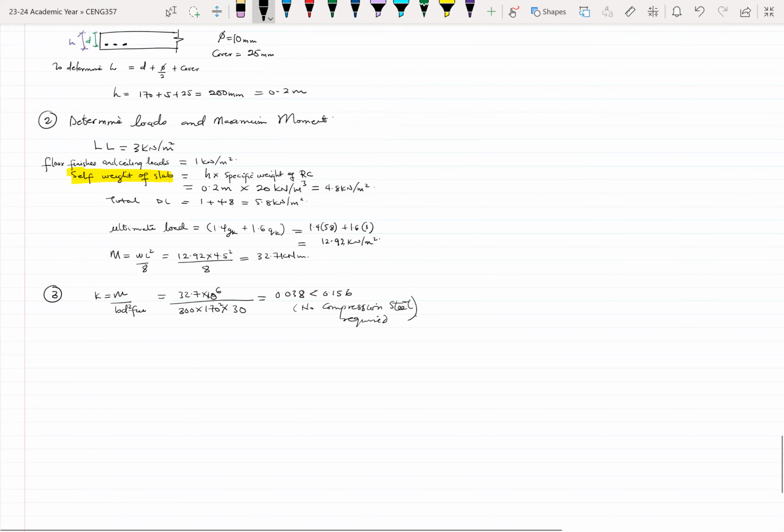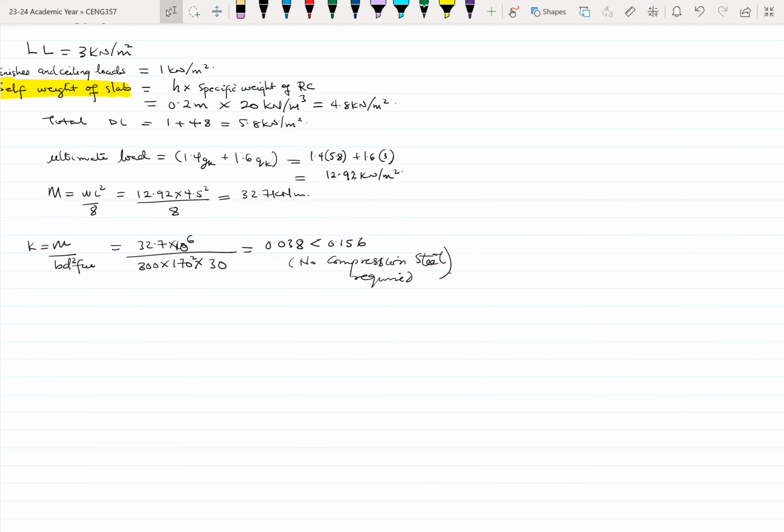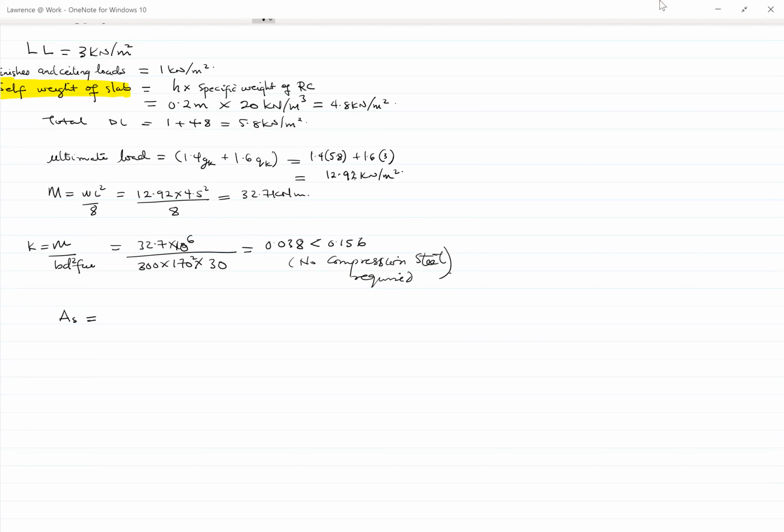Great. And because of this very small value of MB, you realize if you want to find AS, where AS is equal to M over 0.87 fy z.